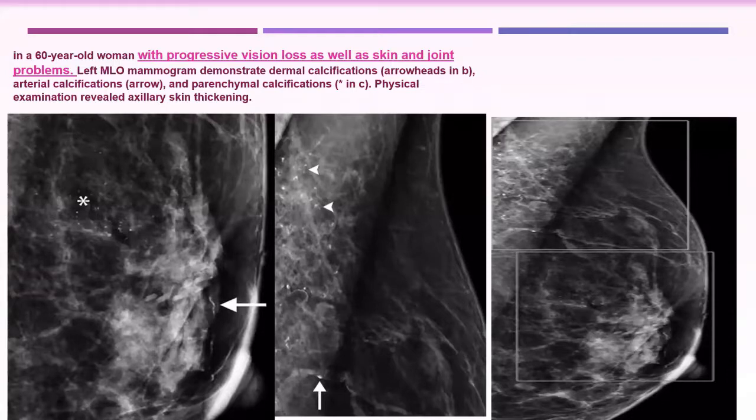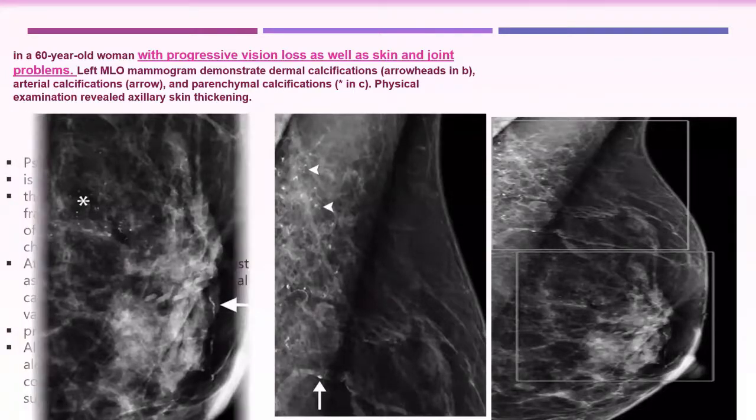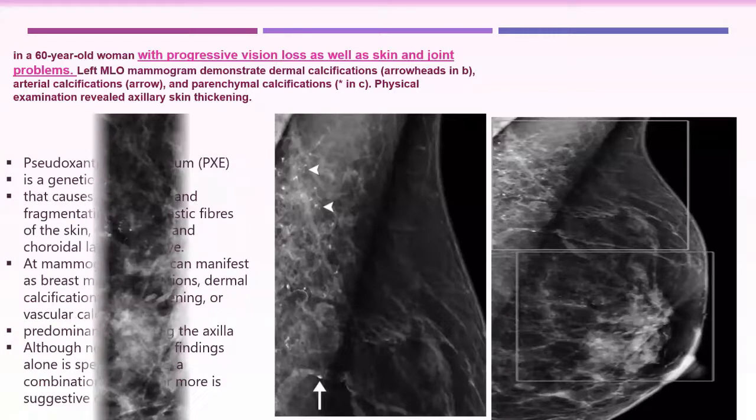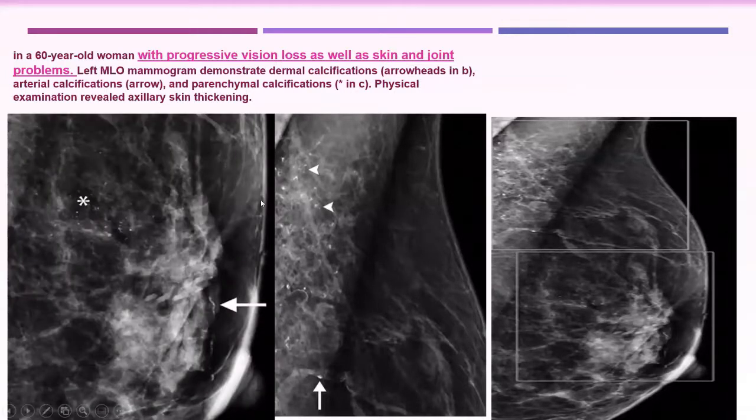So these combinations can give you a clue for a certain diagnosis. Do you know it? If you look here, this is skin calcification, this is vascular, and here this is parenchymal calcifications, and there is thickening of the skin.